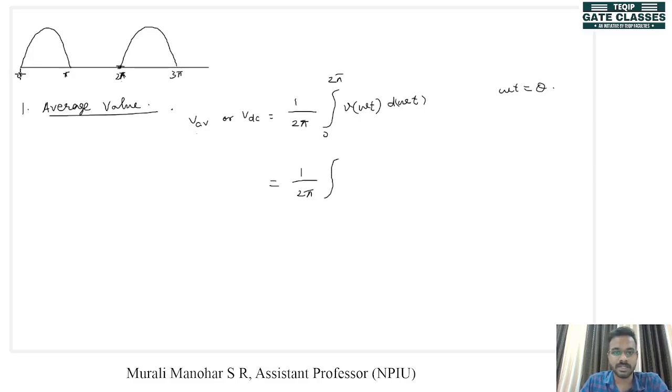When we look at this integration, our output has a value only from 0 to pi. So we will split this integration into two parts. One is 0 to pi, and during 0 to pi, this is a sinusoidal waveform. So we can write it as Vm sin omega t d omega t, plus the next interval from pi to 2 pi, and from pi to 2 pi the value of this signal is 0.